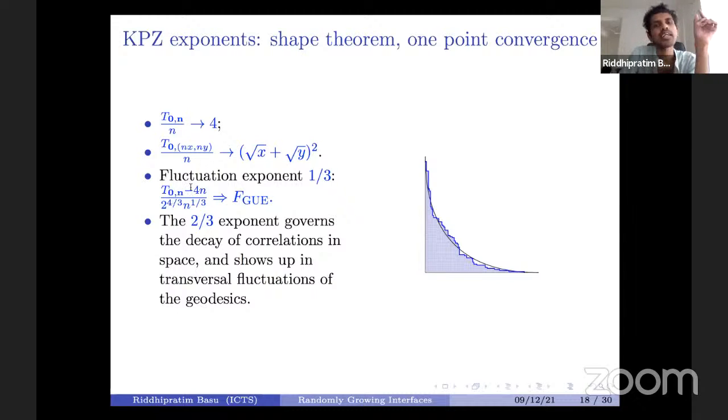But the behavior that you have after you center by the first order linear term and scale by some constant times n to the 1/3, so the scaling is of the order of n to the 1/3, and the limit is FGE. These two facts are supposed to be universal.